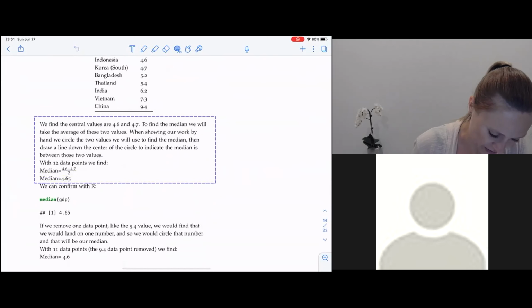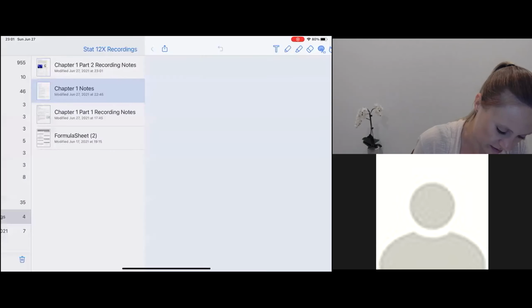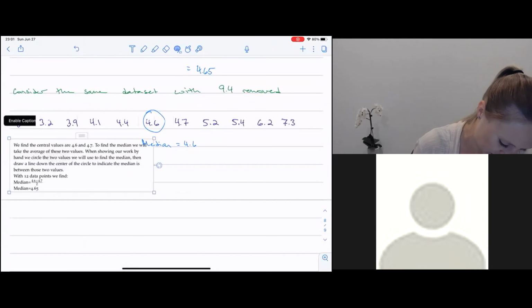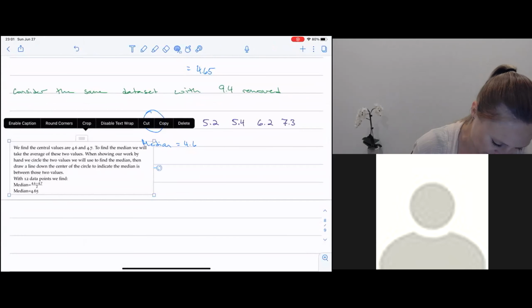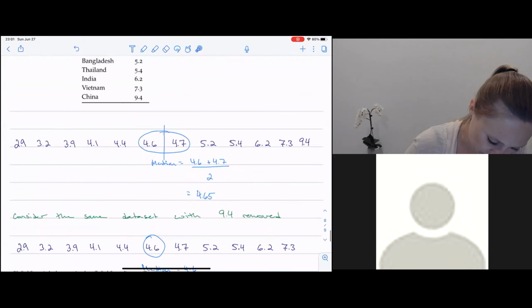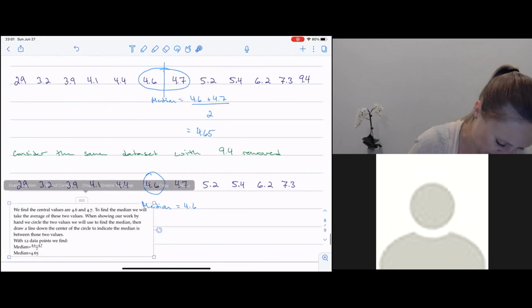I guess I'll bring this in here, but we don't actually really need it because we already did it. Right? Oh, maybe I'll put it over here.